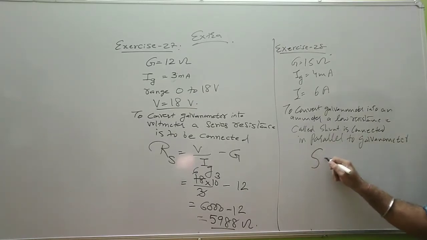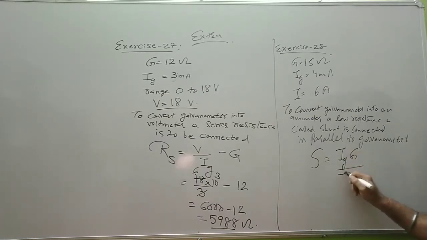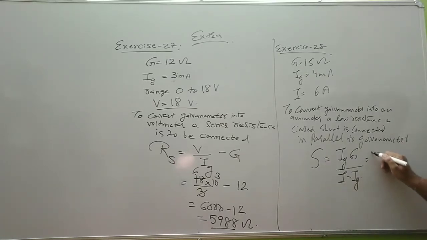So the shunt formula was equal to IgG upon I minus Ig. Substituting, it comes out to be 4 into 10 raised to minus 3 into 15 divided by 6 minus 0.004, where 4 into 10 raised to minus 3 can be written as 0.004.